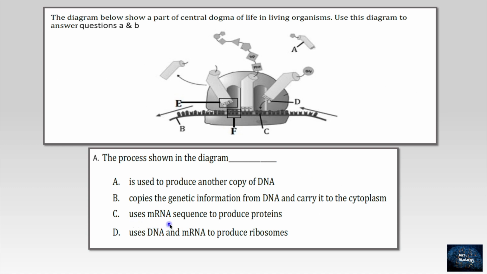C, uses messenger RNA sequence to produce protein? Makes sense. Translation. But let's look at choice D. Uses DNA and messenger RNA to produce ribosomes? Actually, even this statement is wrong. So the right answer here is choice C, which is translation.